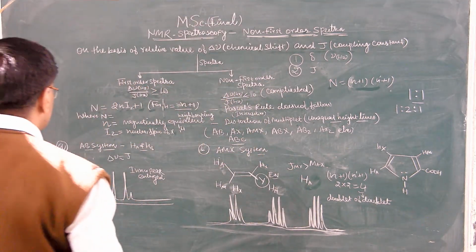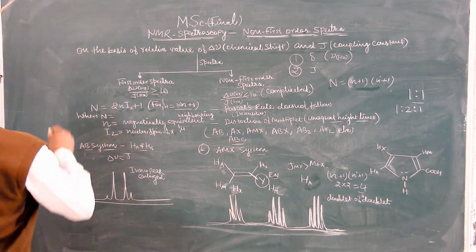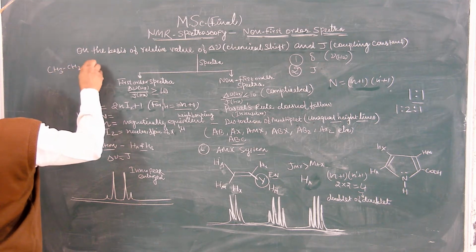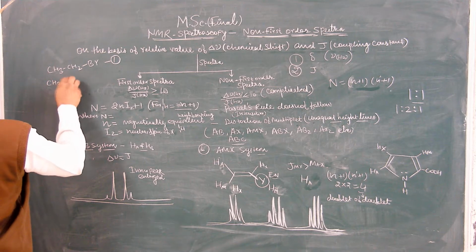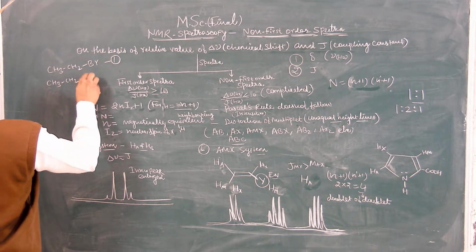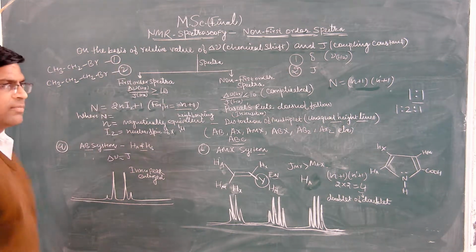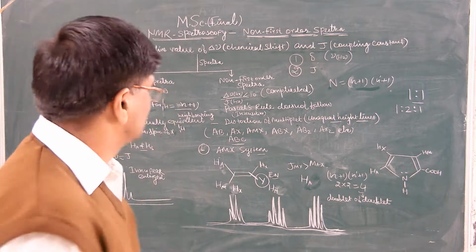For example, we take a simple example: CH3CH2Br, and another example is CH3CH2CH2Br, that is 1-bromopropane and bromoethane.